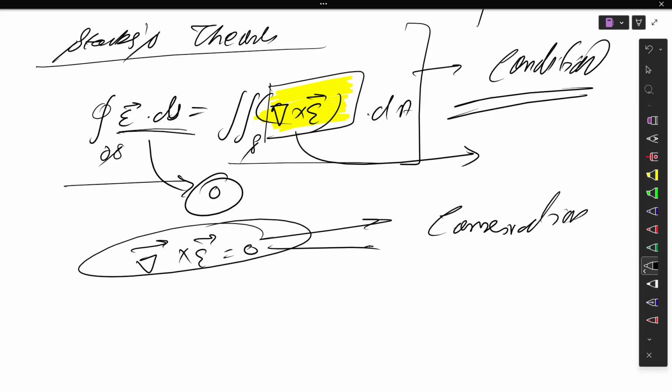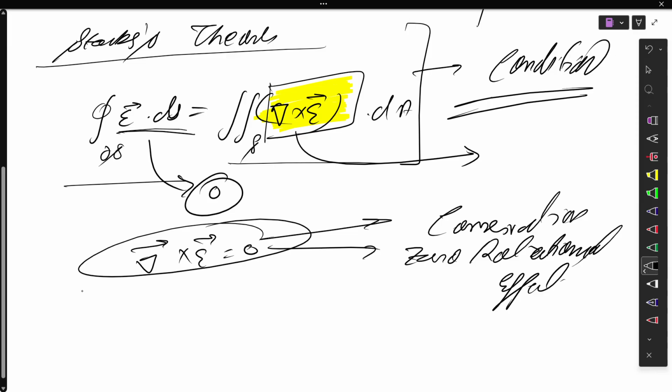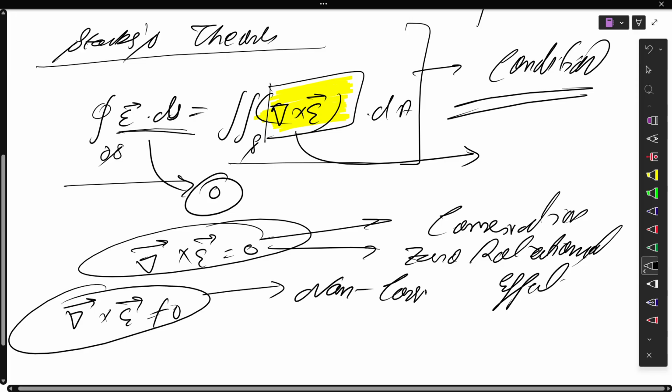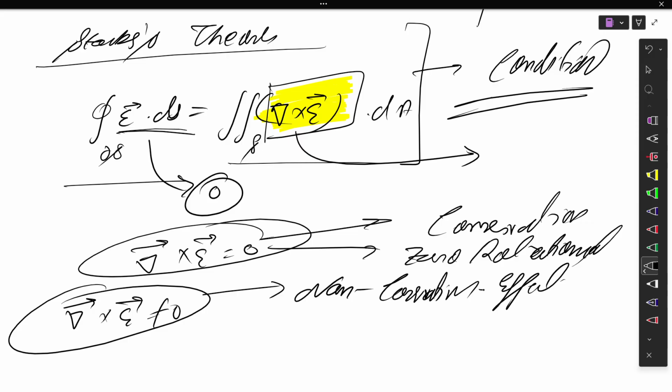This means there is zero rotational effect. Now, if the curl is not equal to zero, in that case it's a non-conservative force, and it has some rotational effect, or maybe a lot of rotational effect.